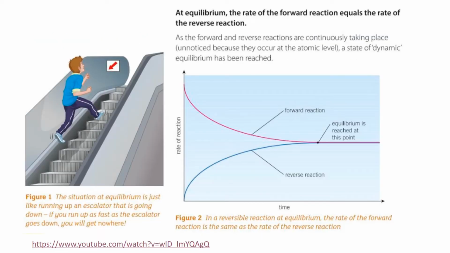So, reversible reactions and dynamic equilibrium. At dynamic equilibrium, the rate of the forward reaction equals the rate of the reverse reaction. As the forward and reverse reactions are continuously taking place, a state of dynamic equilibrium has been reached. So think about it like this. Our reaction where we have A plus B, the reactants up here, and then C plus D, the products down here, from last lesson.